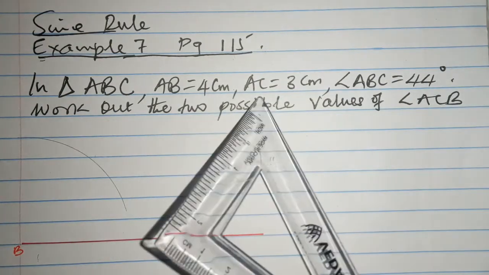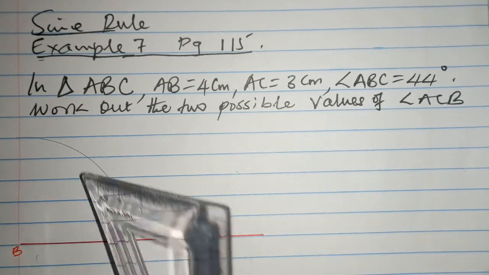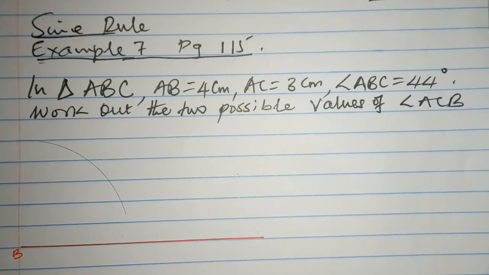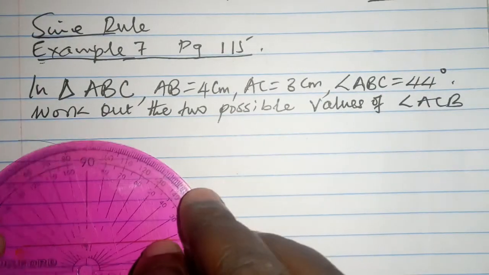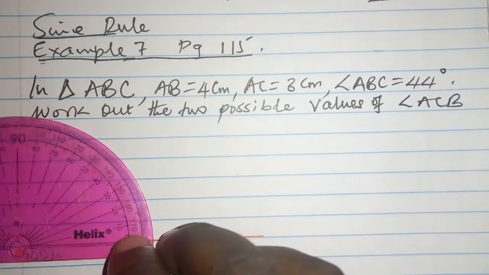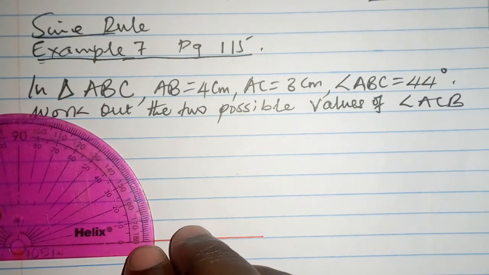But it is this angle that is going to give us angle ABC, so C is along this line. Angle ABC is going to be 44 degrees. So using this line, we put our protractor here, and at that particular point, we measure 44 degrees.